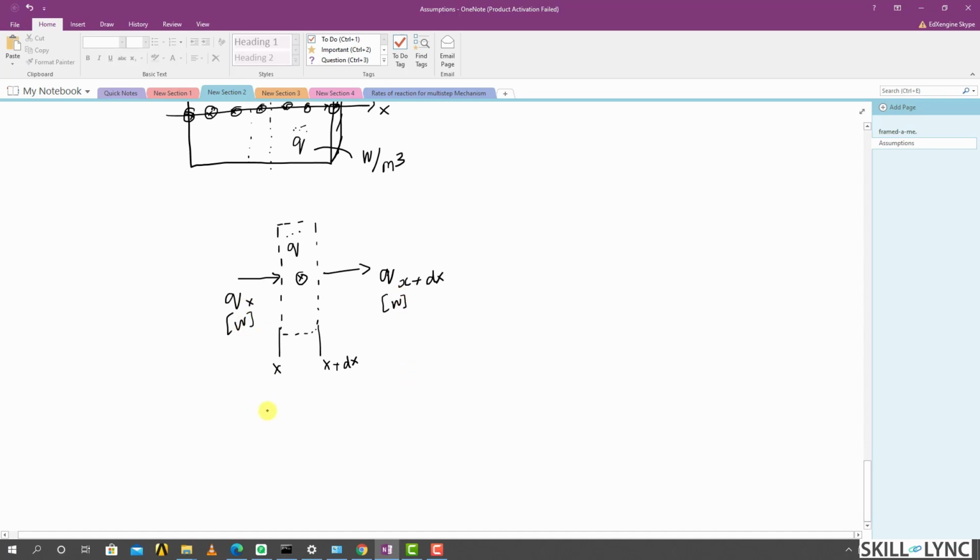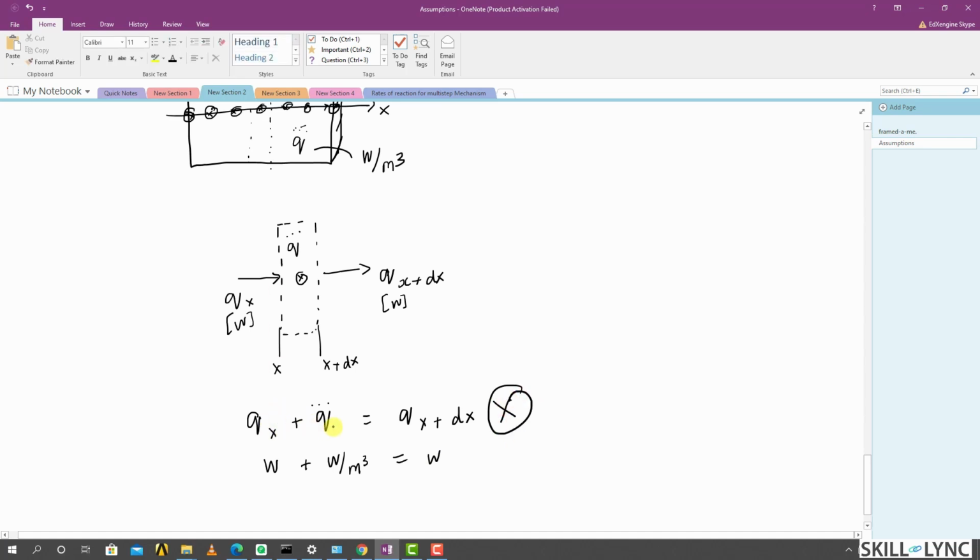So if I write an energy balance, which says that my input heat plus generated heat is equal to the heat that actually goes out, that would be wrong because we have broken the dimensionality of the problem. Qx has units of watt, you cannot add a quantity that has units of watt per meter cube and then expect the result to be watts. So this essentially says that our equation is wrong.